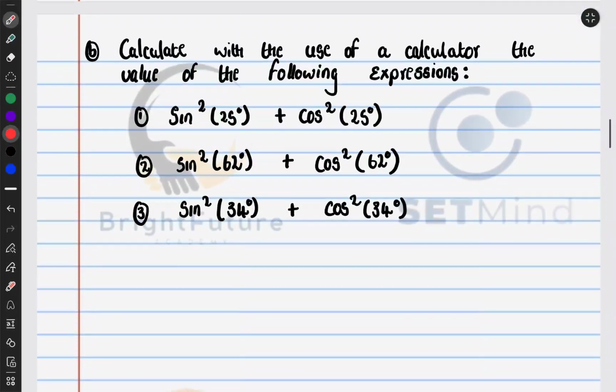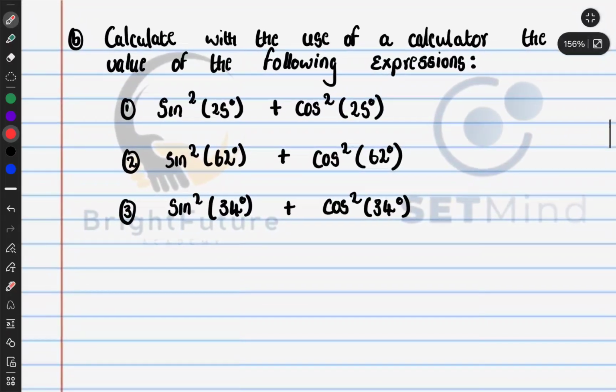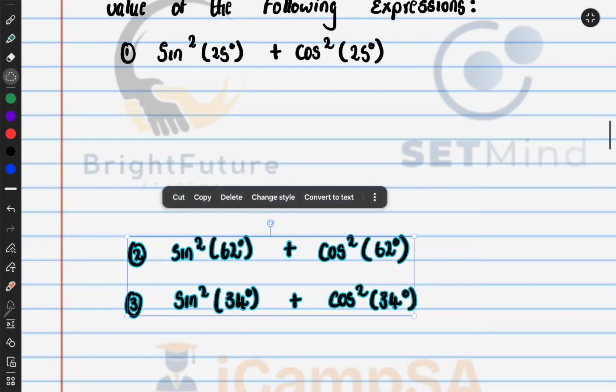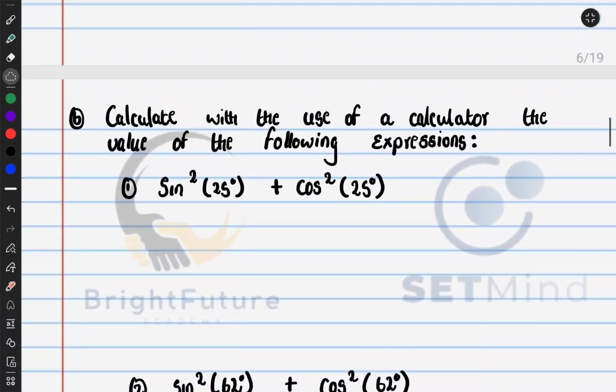Calculate with the use of a calculator the value of the following expressions. Okay, so for number 1, we have sine squared 25. The way that you're going to punch this trigonometric ratio, if you are given sine squared 25, you go into your calculator.